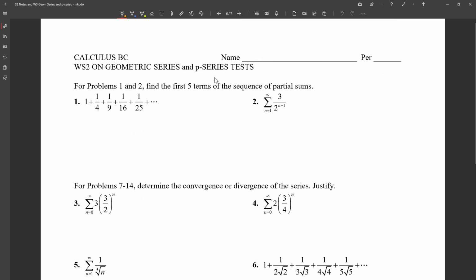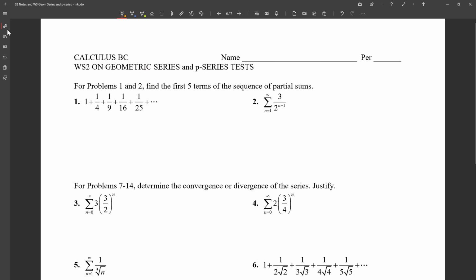Tell me which test you use. Write some sort of justification that you knew how that test is done. You know, is it because r is less than 1, or is it because r is greater than 1, or is it because r is equal to 1? Over here, is it because p is greater than 1, p is less than 1, p is equal to 1, etc. Tell me if the series diverges or converges and which test you used. All right.